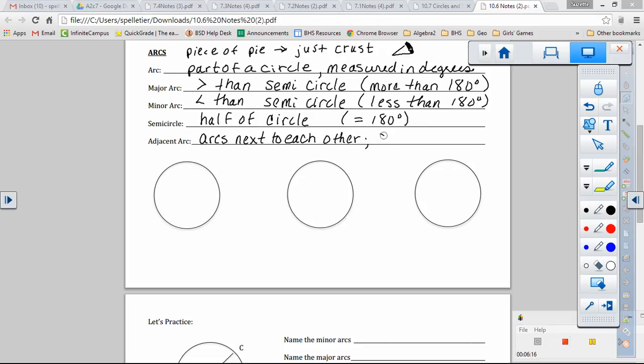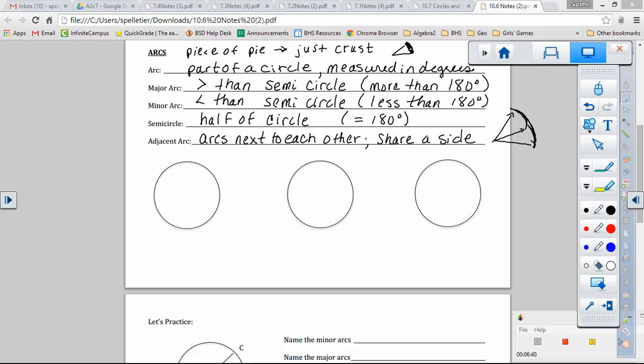They share a side, just like our adjacent angles did, right? They shared the side. They were next door neighbors to each other. The same thing happens with the arc on a circle. They're the two pieces that are next to each other, and they share that common wall in between them. They share that one point.